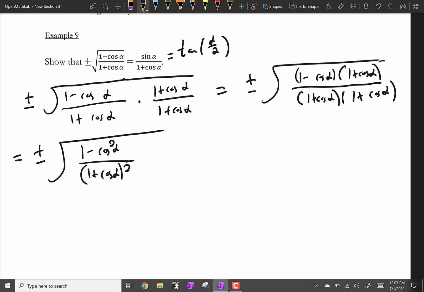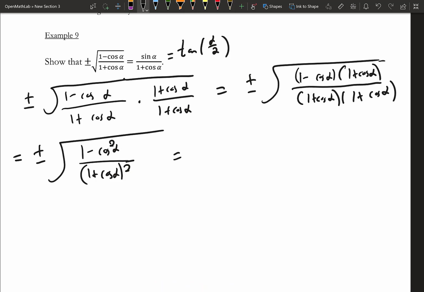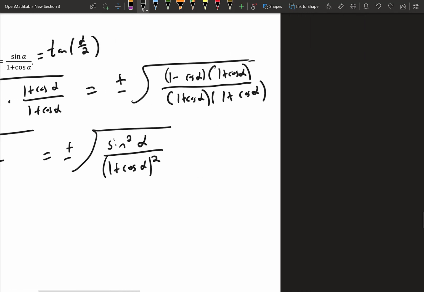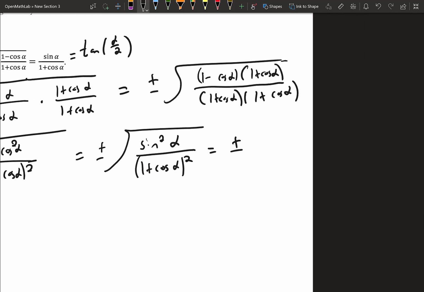So then using a Pythagorean identity, I can simplify the top and just plug in sine squared. So this would be equal to sine squared alpha all over (1 plus cosine alpha) squared, under the square root, with plus minus.